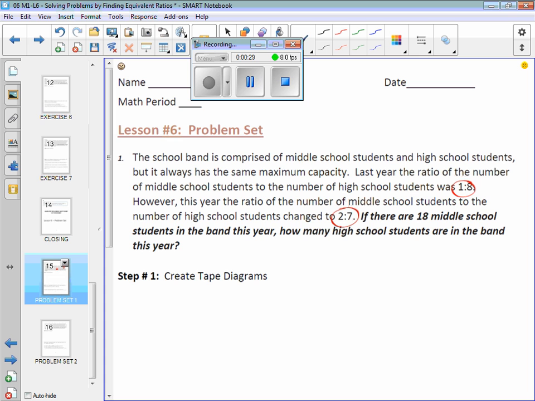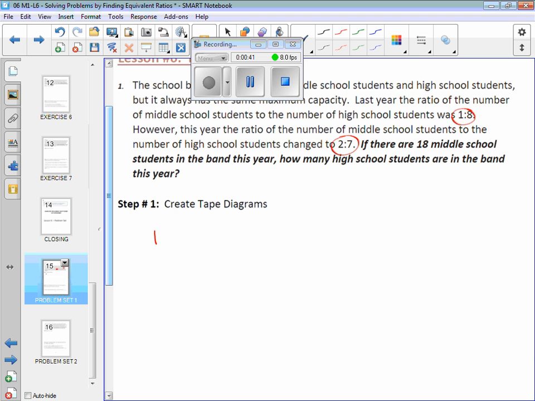If you could just start by taking those 2 ratios and creating 2 sets of tape diagrams from them, we could start with those and work backwards. I know I need a 1-to-8, and I'm going to start off with that. Forget about labels right now, just make your 1-to-8.